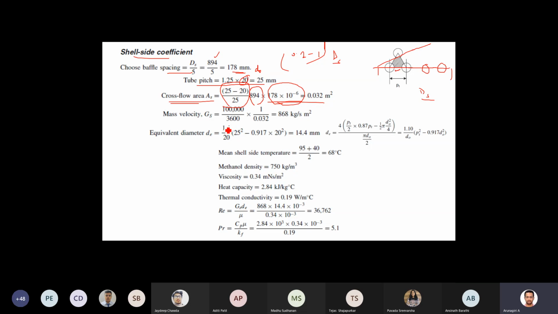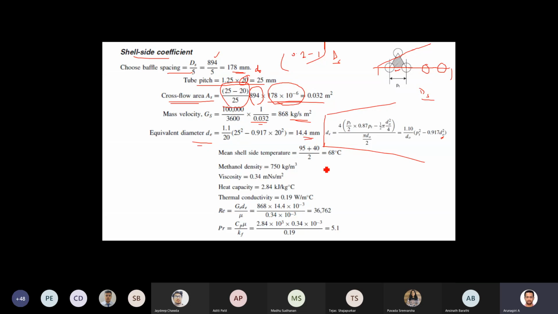Then calculate the mass velocity. This is the flow area, so we can calculate mass velocity in kg per meter square second. Then the equivalent diameter. This is triangular pitch, so you can use this equation: 1.1 by d naught times (PT square minus 0.917 d naught square). So this is the equivalent diameter.